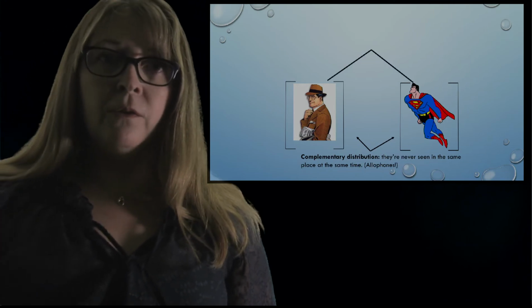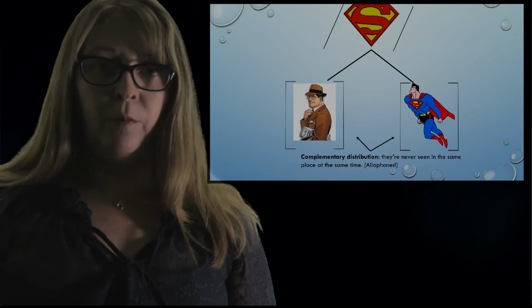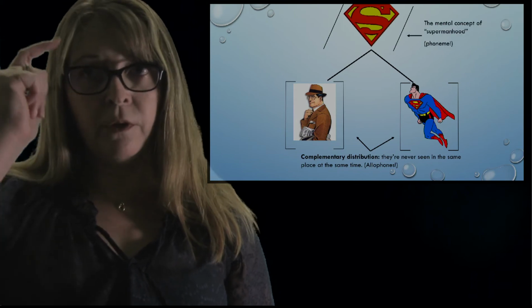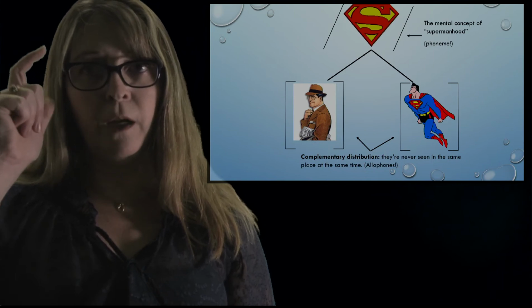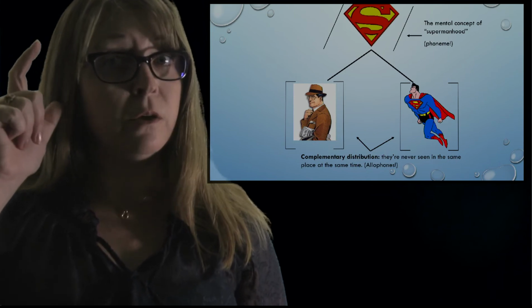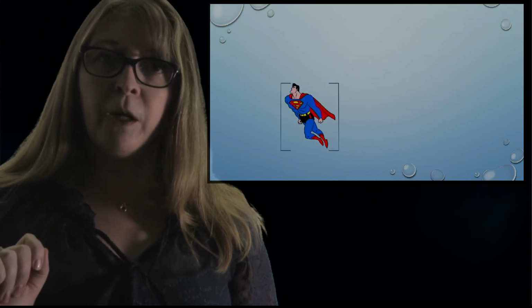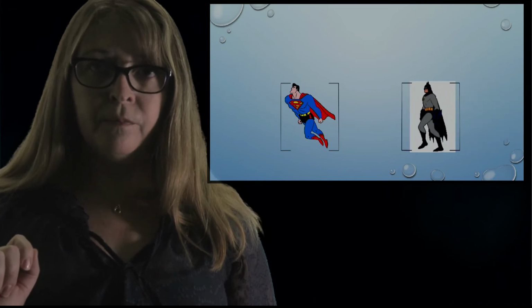If I say tomato, I'm not saying tomato, right? But these two guys are Superman. Super person, right? The mental concept of supermanhood or superwomanhood or superpersonhood is a phoneme, right? Okay. So here we have Superman and Batman.